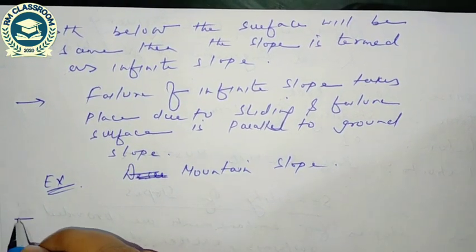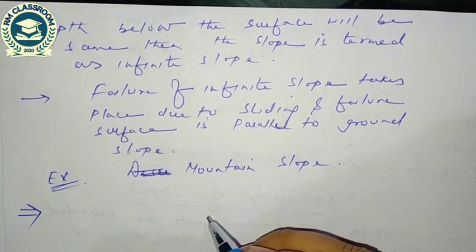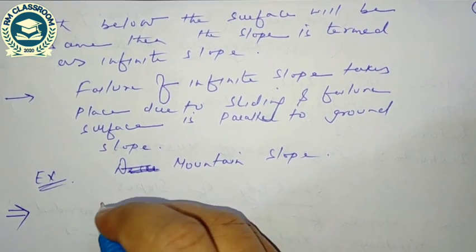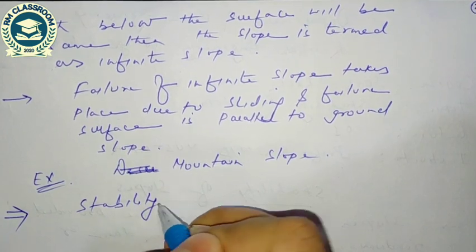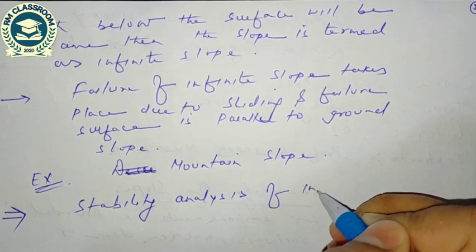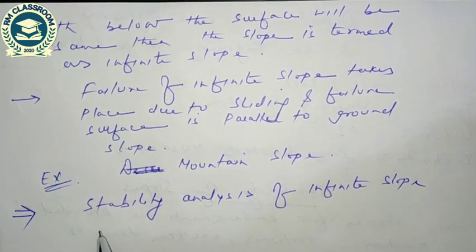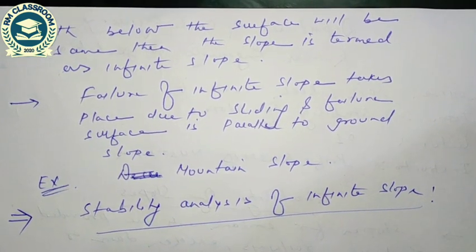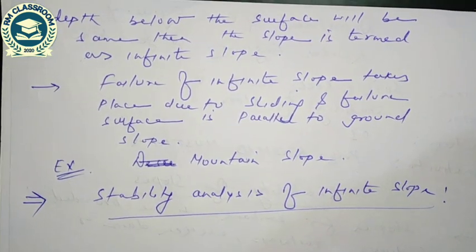So let us take how to compute the value of factor of safety, because factor of safety is important for the design of infinite and finite slope. So stability analysis of infinite slope. How do we compute the value of factor of safety? So let us take infinite slope.